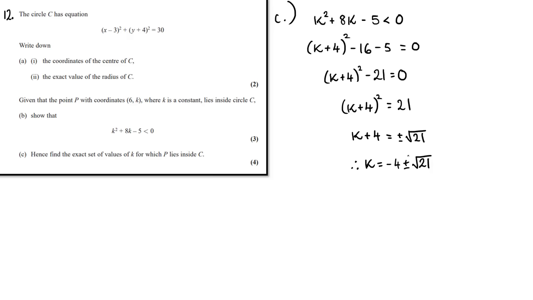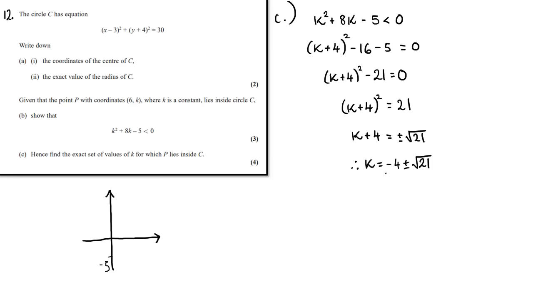So what we've got here are essentially the critical values. We know now where this quadratic cuts through the x-axis, and if we sketch this again, just so we get an idea, and I would recommend this whenever you're solving a quadratic inequality, just so you can see what's actually happening. Our quadratic cuts through at minus 5, let's say that's there.